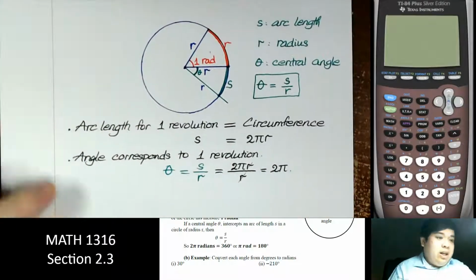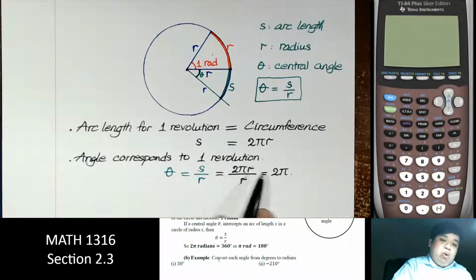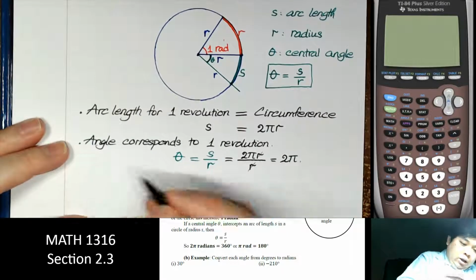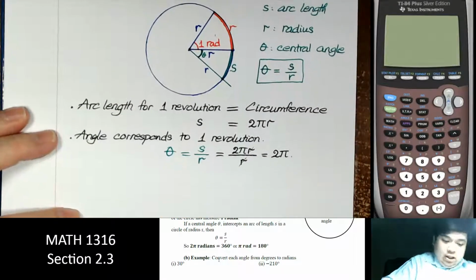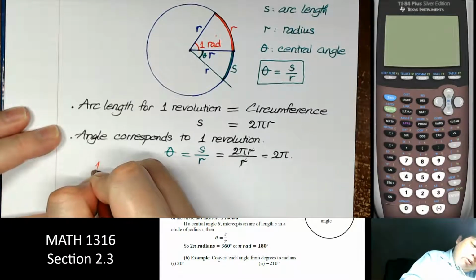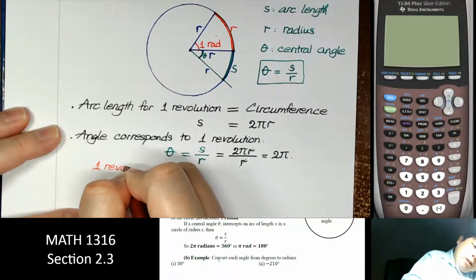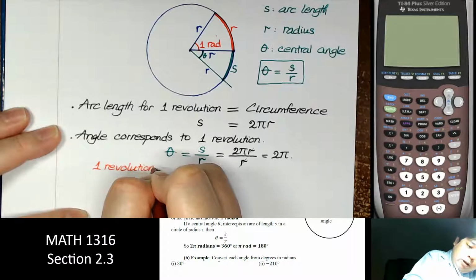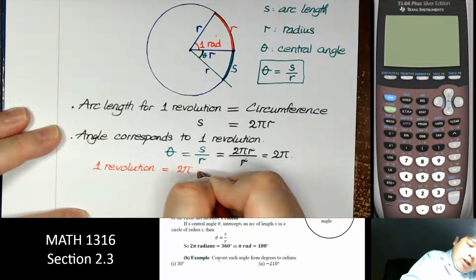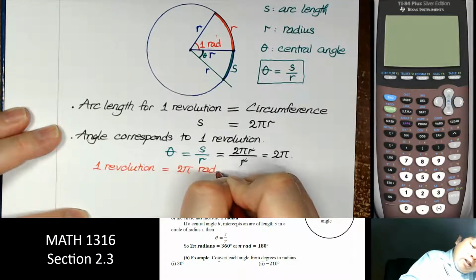So the angle corresponding to 1 revolution is equal to 2 pi, and the unit will be radian.